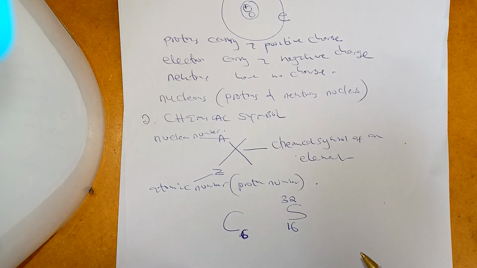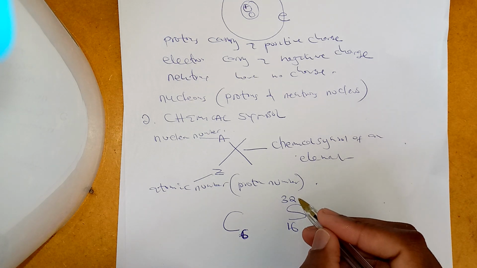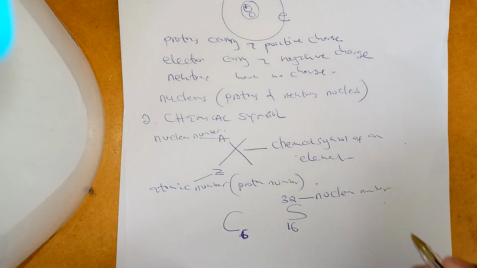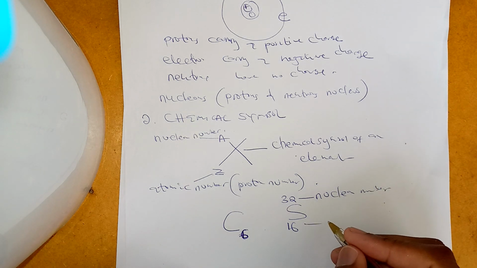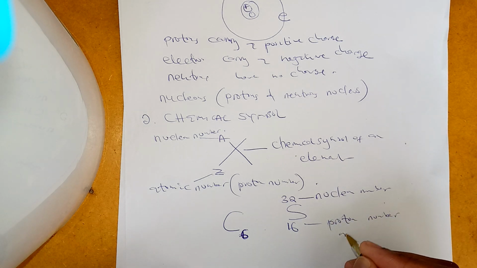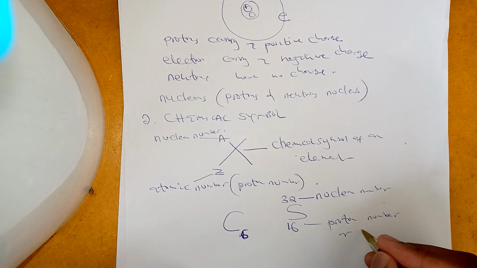If you're asked what is the nucleon number of sulfur, you pick 32. Then if they ask you for the proton number, it is the 16, the proton number or atomic number.